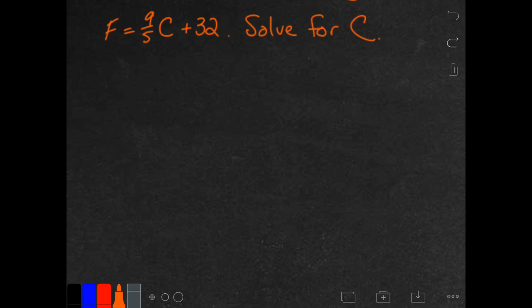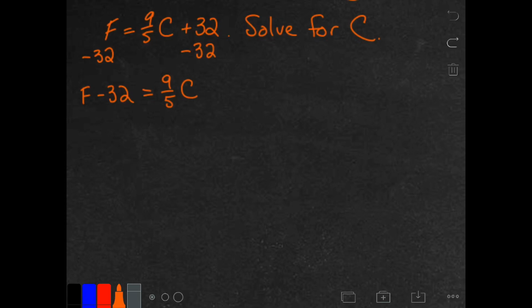So my goal here is to get C all by itself. The first thing I'm going to do is subtract 32 from both sides. F minus 32, those are not like terms, so I'm just going to rewrite F minus 32. And now I need to divide by 9/5. If you remember, dividing by a fraction is the same as multiplying by the reciprocal.